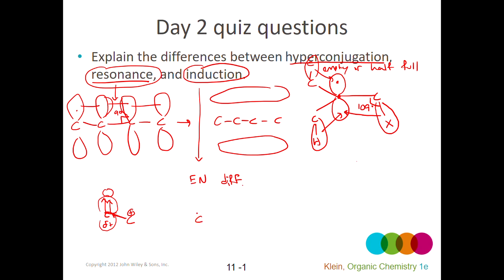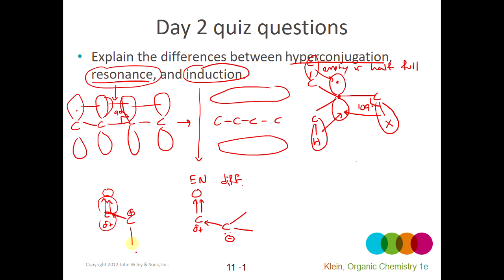In contrast, if I have a carbanion, then in shifting electrons away from the carbon through induction, creating a partial positive here, attracting electrons away, a full negative of a carbanion would be stabilized by a partial positive attracting electrons away. So induction can be destabilizing, it can be stabilizing.